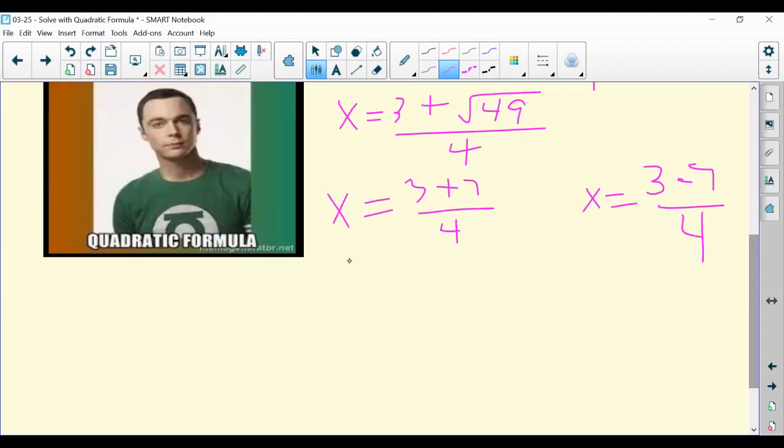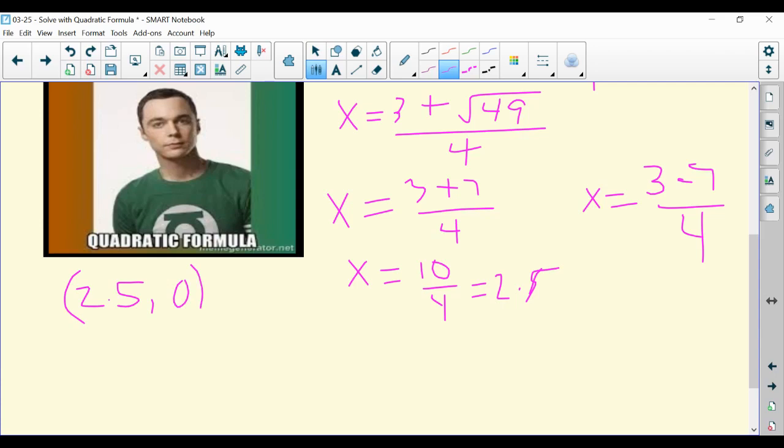The first one is x equals 3 plus 7, which is 10. And 10 over 4, I can divide that out, and it just becomes 2.5. So my first x-intercept is (2.5, 0).